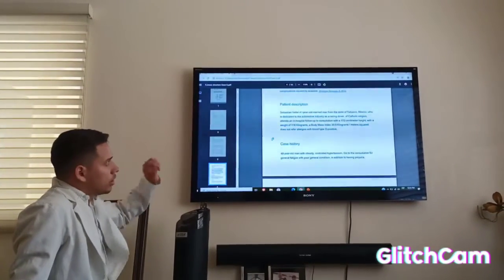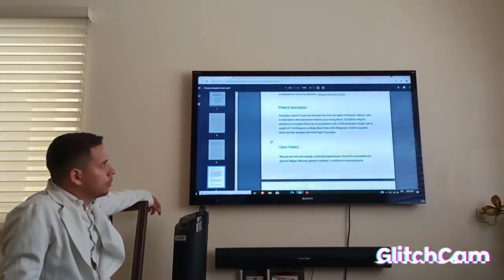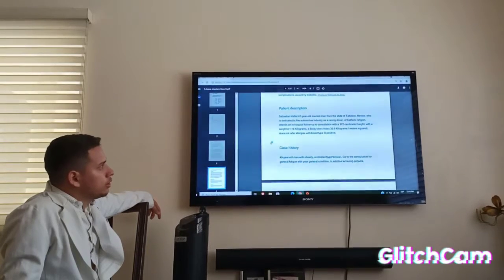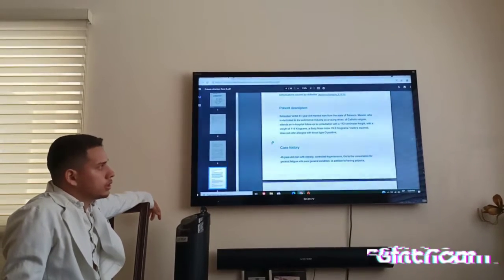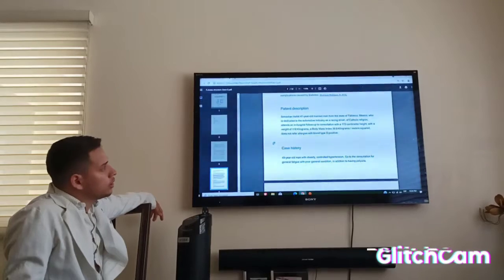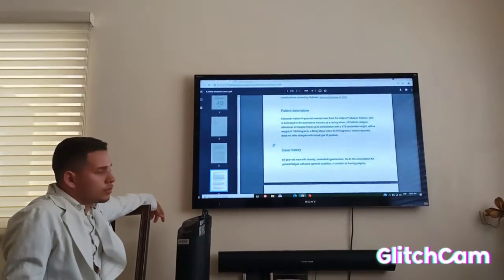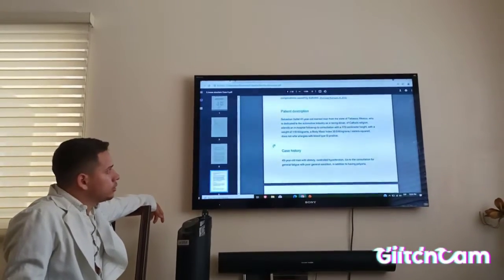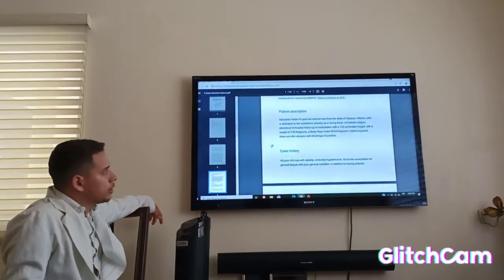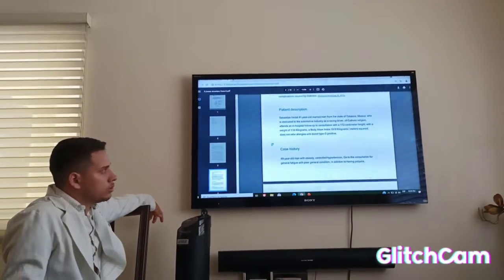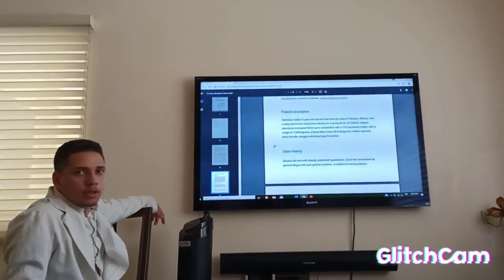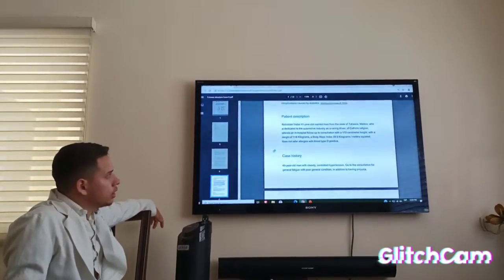Patient description: Sebastian Viveros, a 41-year-old married man from the state of Tabasco, Mexico, who is dedicated to the automotive industry as a racing driver, of Catholic religion.